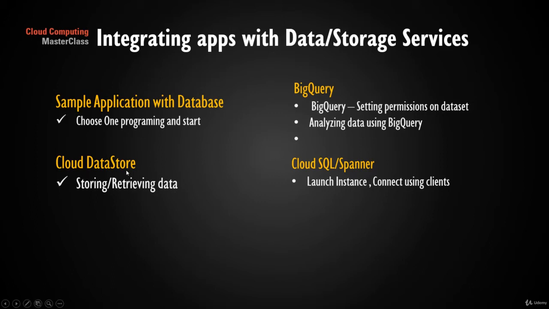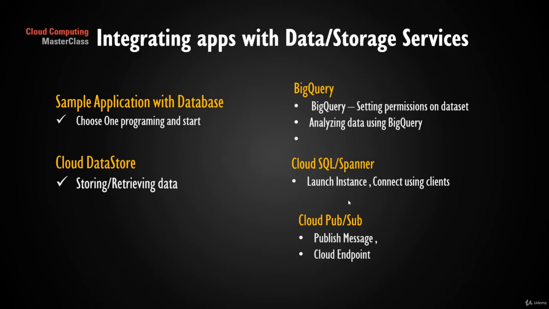In Datastore, because it is a managed service and there is no instance as such, you are just creating the table, or the kind in database language context, and you are storing and retrieving the data. There is no instance which you need to spin up, right? But in the case of Cloud SQL or Cloud Spanner, you need to launch an instance and then you can store the data. Cloud Pub/Sub is a messaging framework.